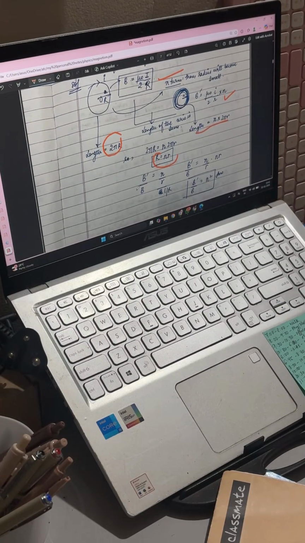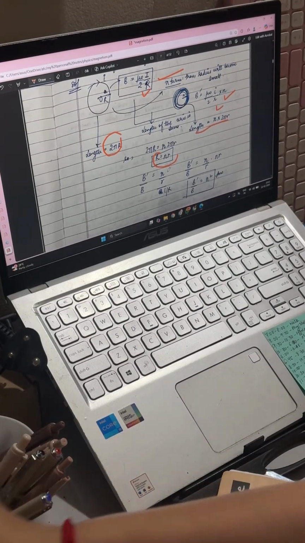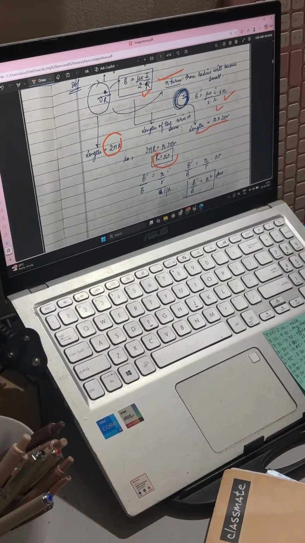So B dash upon B becomes n upon R, because the only difference between the two is this R and this R. I R cancels, nR comes below.